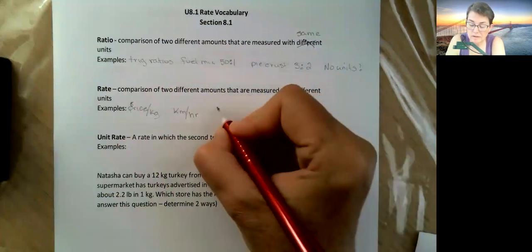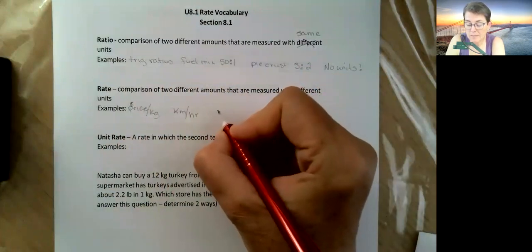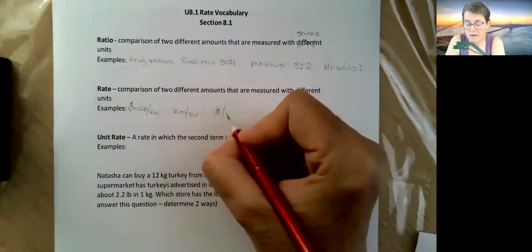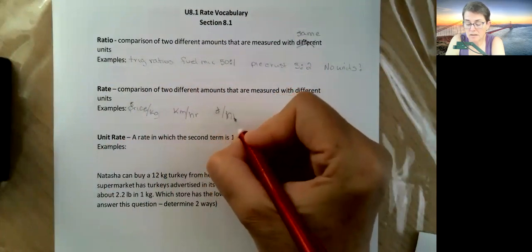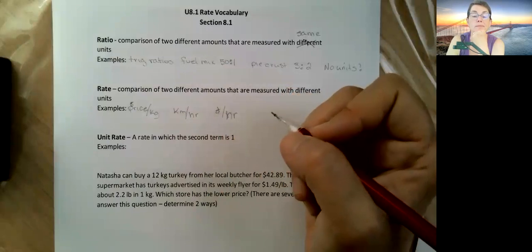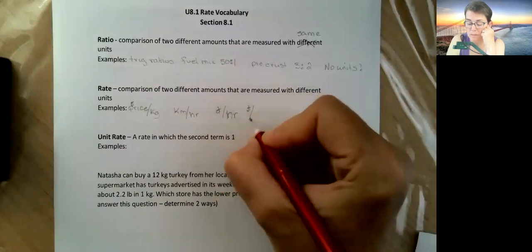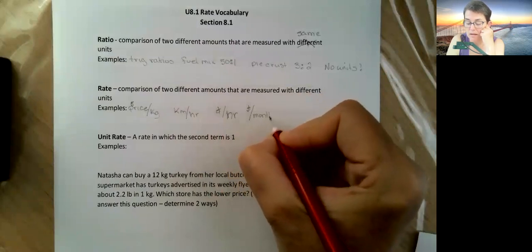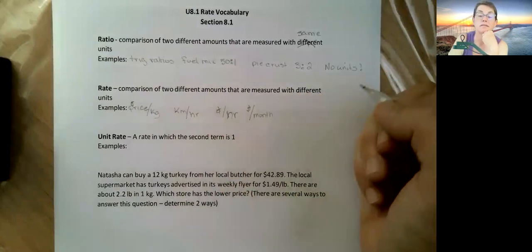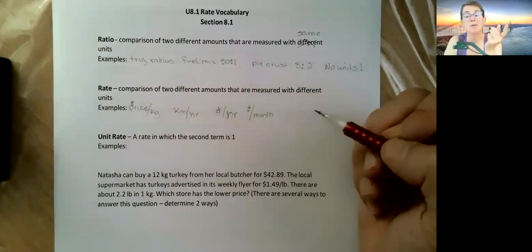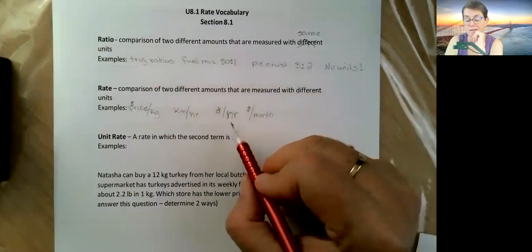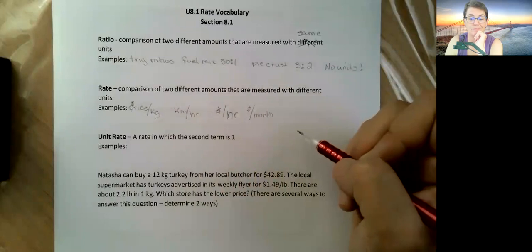How about talking about wages? It might be dollars per hour if you get paid hourly, or it might be dollars per month if you get a salary. And I've had arguments with my sister about which one of these is better.